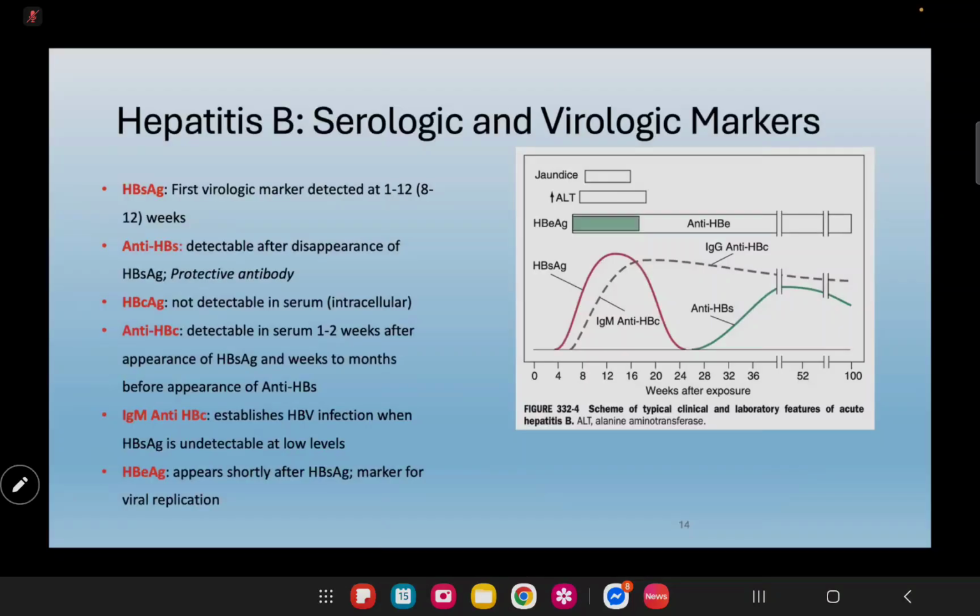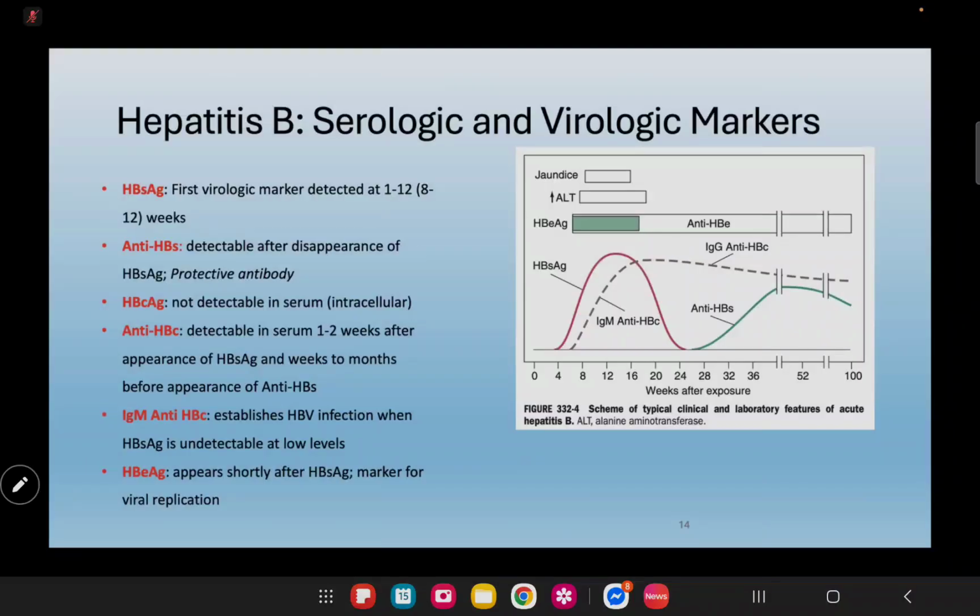This one shows the serologic and virologic markers. So let's review each marker in more detail. Again, the HBsAg, or the surface antigen, is the first virologic marker to appear, usually 1 to 12 weeks after the exposure.